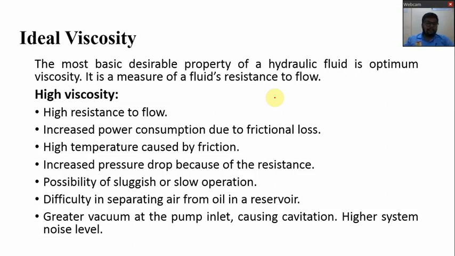But if viscosity is high, the flow of the fluid is very difficult. So to get the required flow, we have to reduce the viscosity, and then the first part will be affected. In this way we have to find the optimum viscosity as per the application.